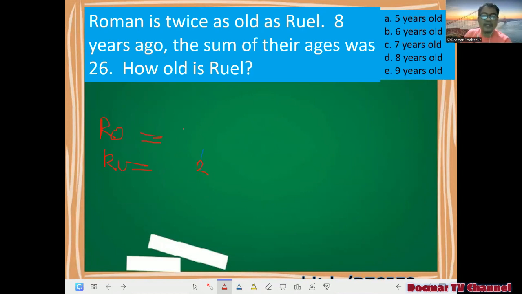Okay, so we have twice as old as Ruel, 2R. Okay. So 8 years ago, of course, R minus 8, and we have 2R minus 8. So that is minus 8 years ago, kasi ago yan eh. And this is age now. Okay. So, kuha.